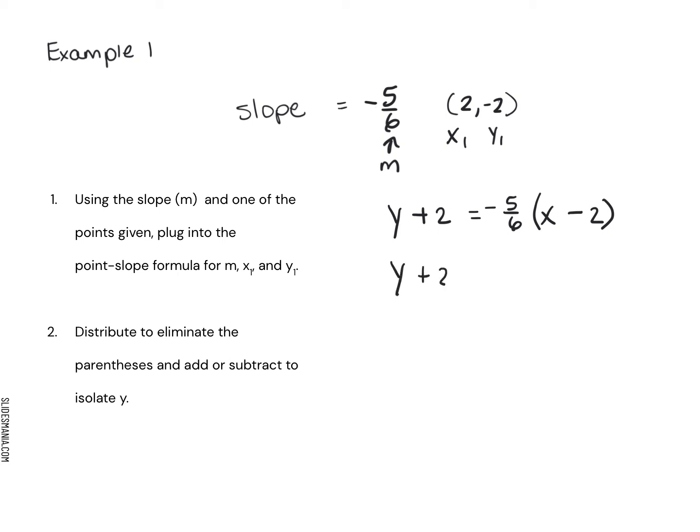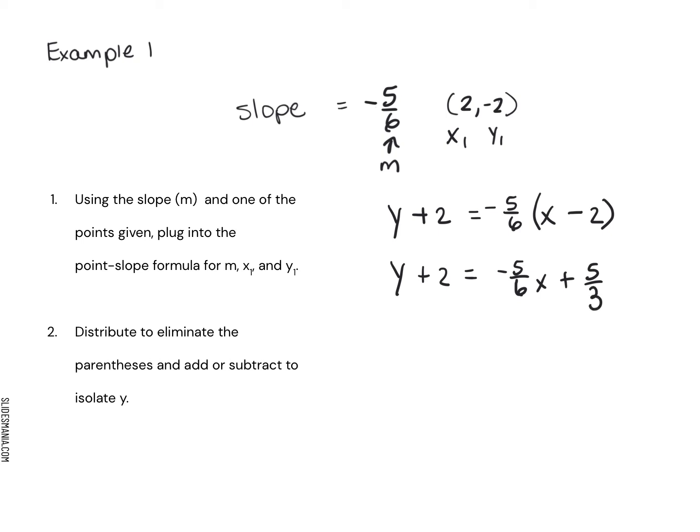So now we're just going to distribute. -5/6 times x is -5/6x, and -5/6 times -2 will give us plus 10/6, which simplifies to 5/3.